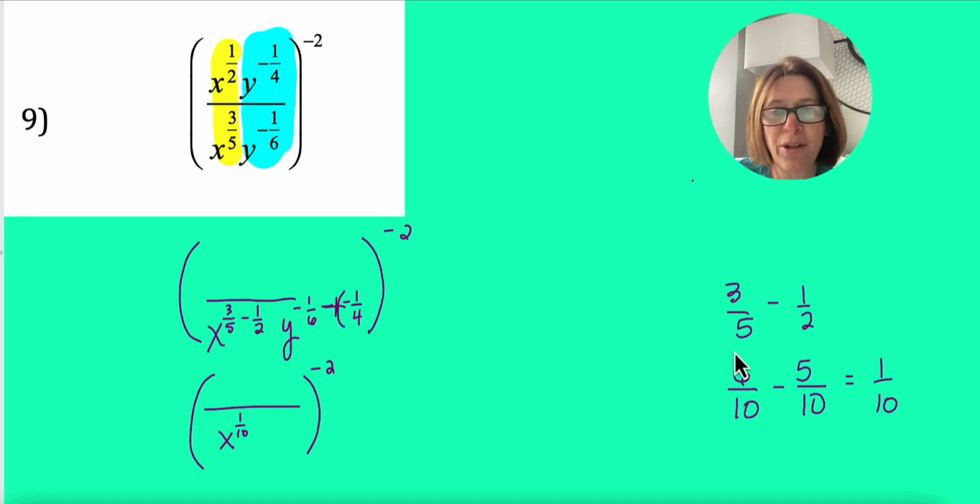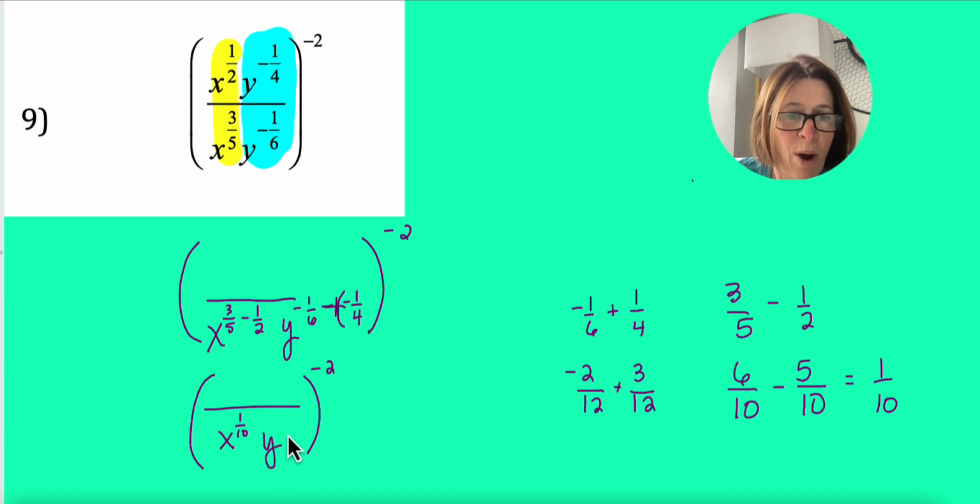Okay, so I went over to the side and I did negative 1/6 plus 1/4. My common denominator was 12. So that would have been negative 2/12 plus 3/12, which would give me 1/12. So I'd have had y to the 1/12. So that would have left a placeholder 1 in the top.